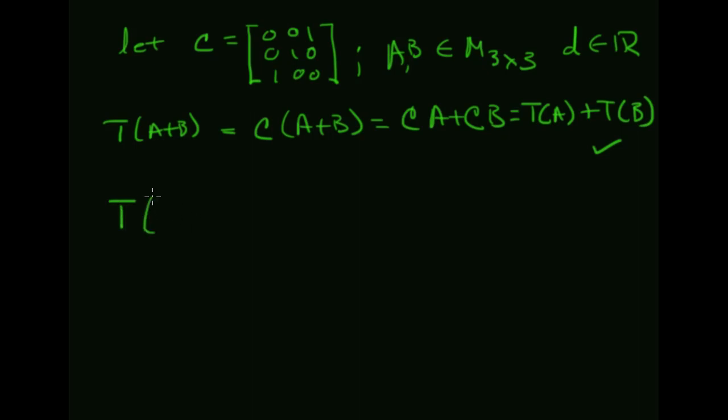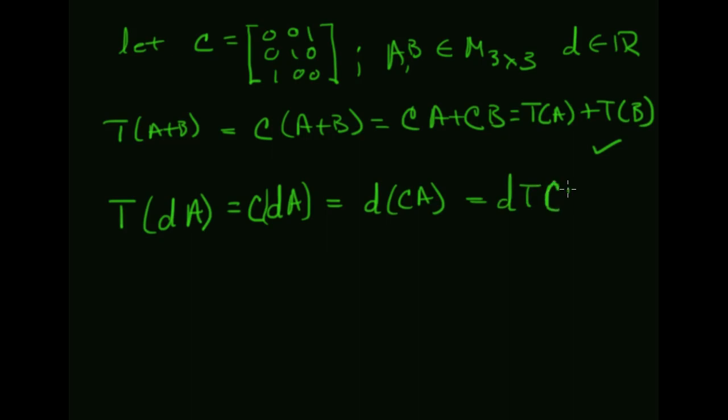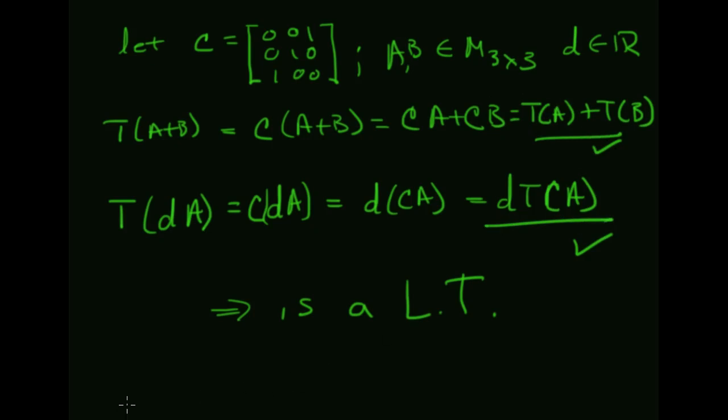And then let's take T times the scalar times A. Well, that's going to be C times dA, which is the same as d times CA, which is the same as d times the linear transformation of A, so that holds. All right, so this one is a linear transformation. It holds both under addition and scalar multiplication.